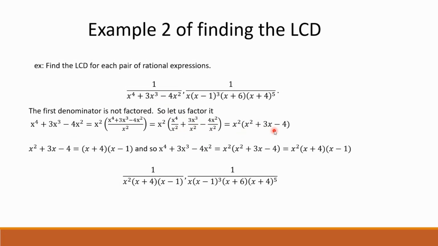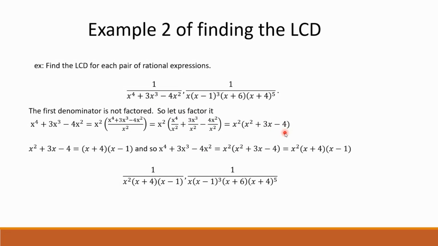Now, can this be factored further? Well, it turns out it can. For x squared plus 3x minus 4, we want two numbers whose product is minus 4, the constant term, and whose sum is 3. What two numbers are going to do that?